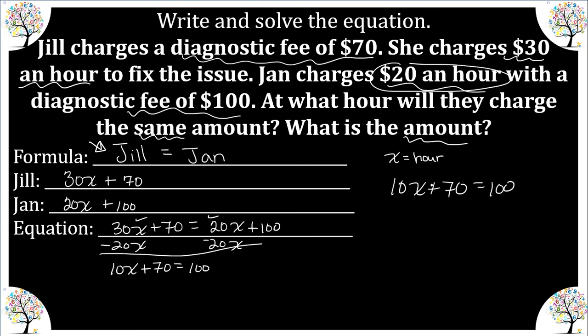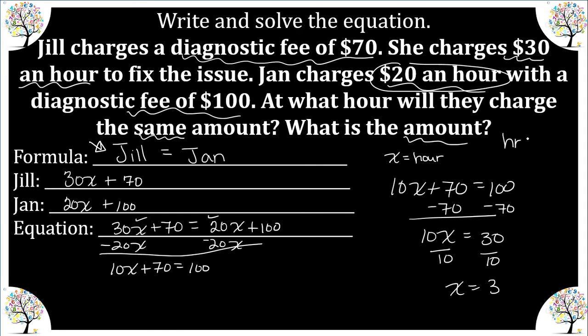And we're going to isolate x, which is hours, because the first part of the question is, at what hour will they each charge the same amount? So at hour 3, they will both charge the same amount. Now to see what they will charge at hour 3, you can plug it into any of the equations.